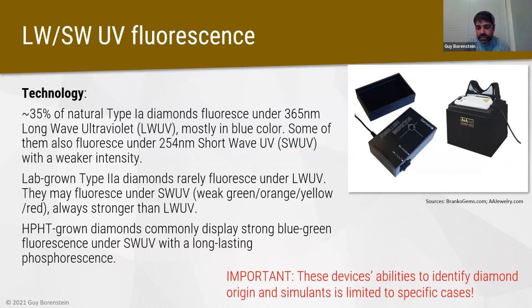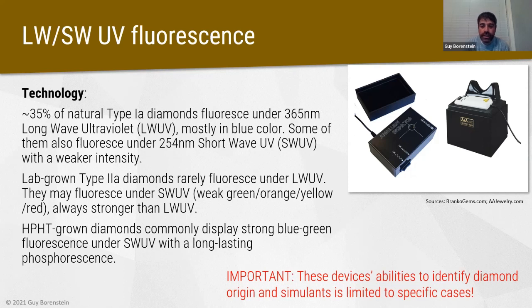The first technique is a basic one, long wave and short wave UV fluorescence, something that many gemologists are already familiar with. In this case, we need to do 2 tweaks in order to make it more effective. The first thing, we need to use a very strong light source.